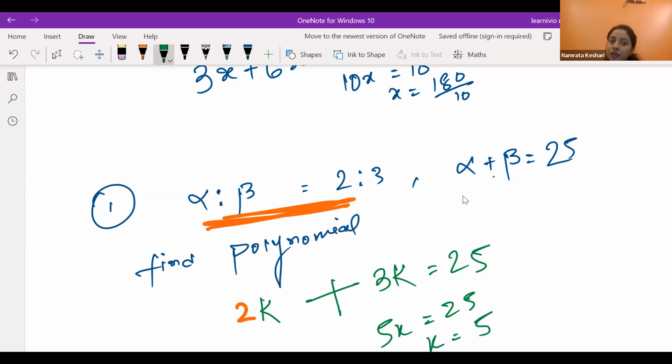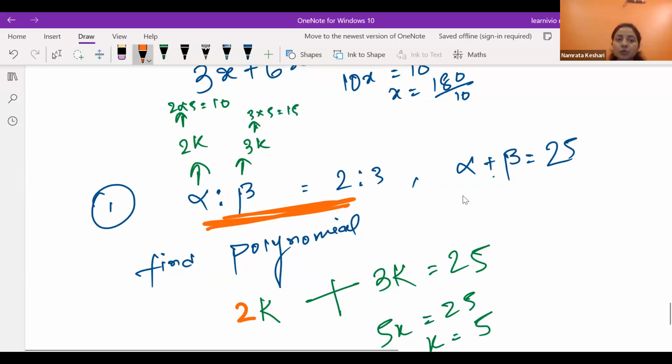Now we know our first root is 2k, that means 2 into 5, that means 10. Is it making sense? Yes, ma'am. Are you understanding? Yes, ma'am. And beta will be 3k, that means 3 into 5, that means 15.